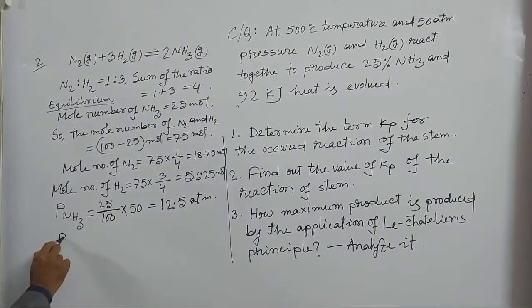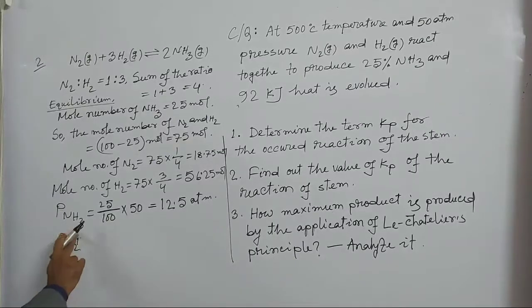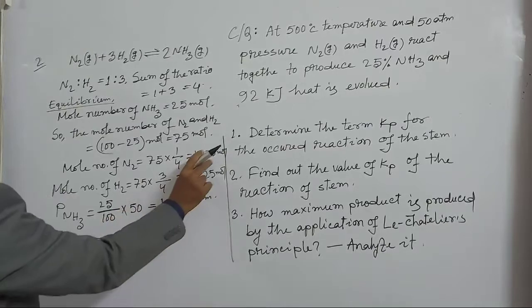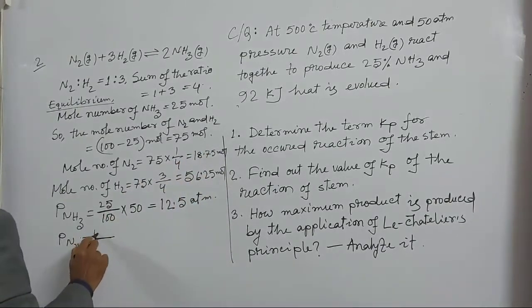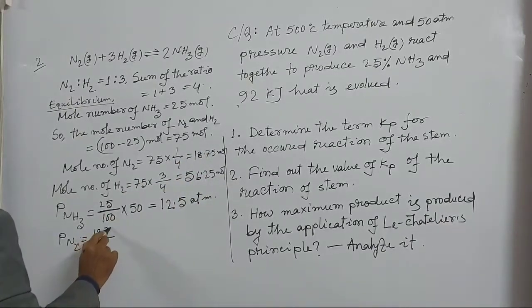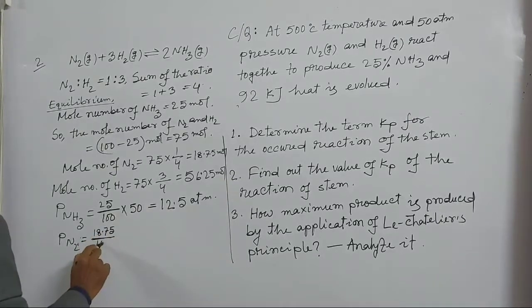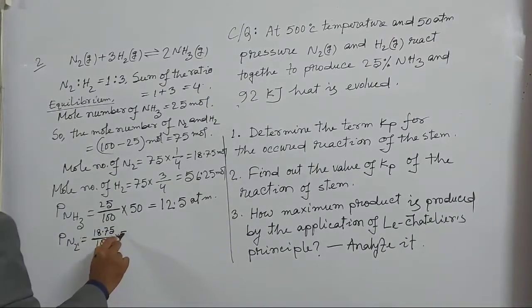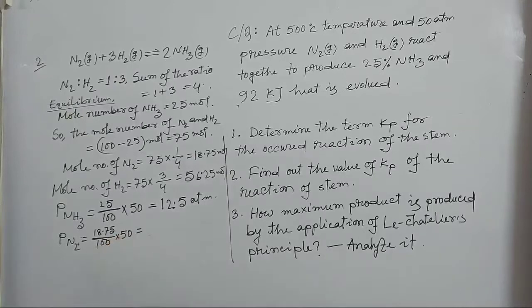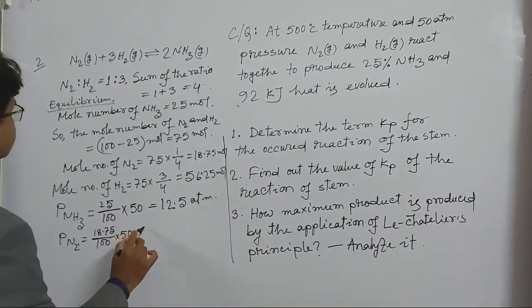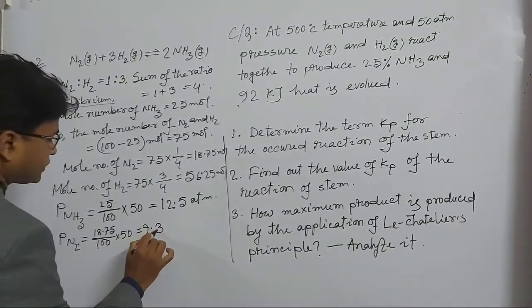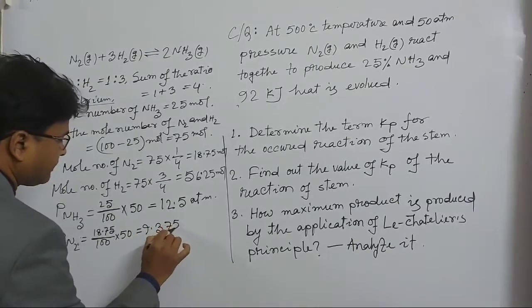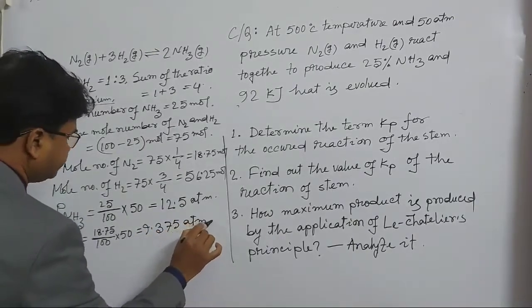And partial pressure of nitrogen is equal to mole number of nitrogen 18.75 divided by total mole number into total pressure. So the result is 9.375 atm.